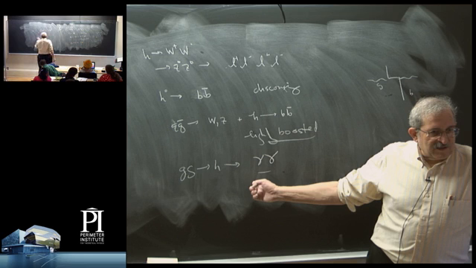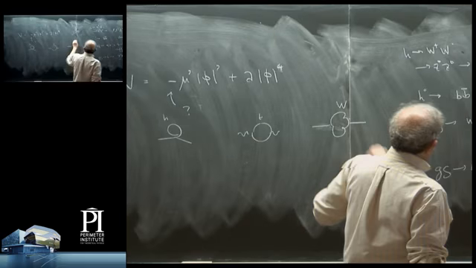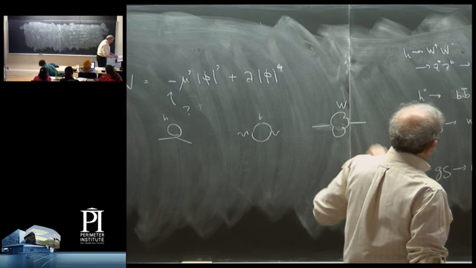This term gets radiative corrections from actually lots of things, but there are 3 very important one-loop radiative corrections: from the Higgs self-coupling, from the top, and from the W. And if you compute those corrections, they're all quadratically divergent.